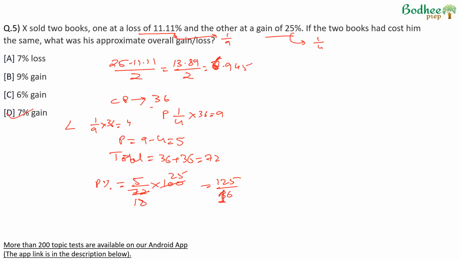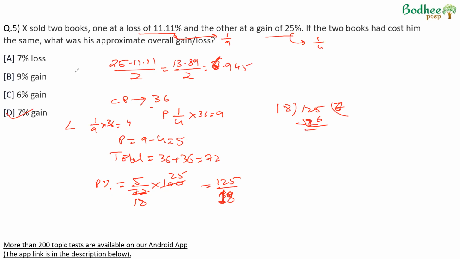This is better. 18 7s are 126, so very close to 7, and 7% approximately would be the answer overall gain.